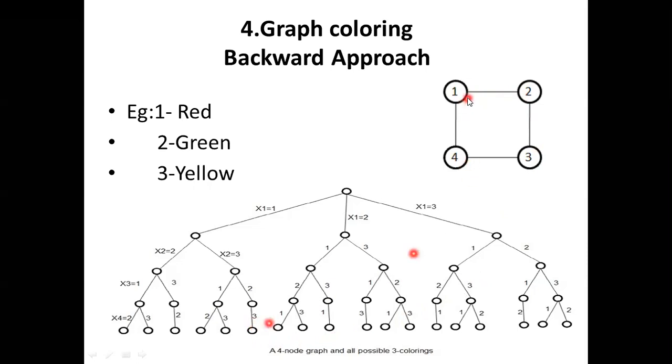Because here I use the option as red, here red, here yellow, here green. Definitely I can't use green here because it is adjacent. I can't use red. Then I can use only one color, none other than yellow.